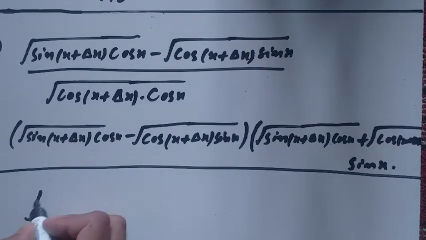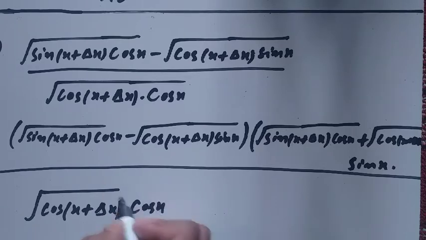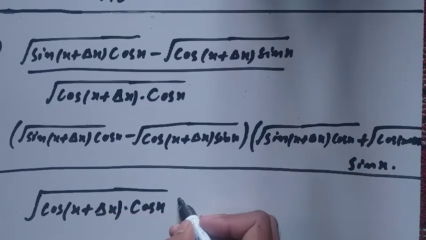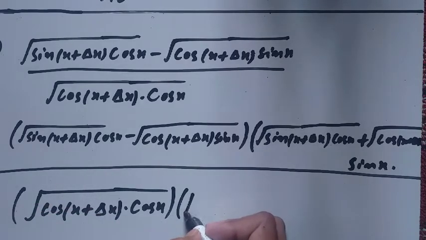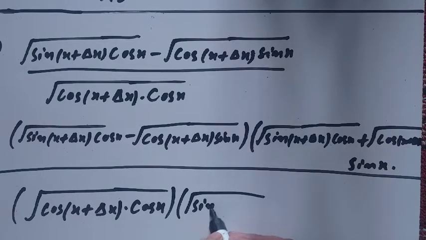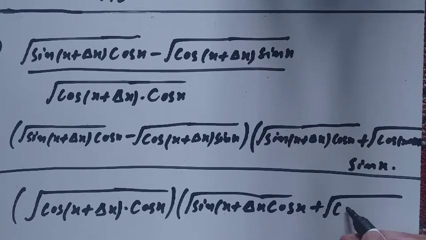That comes out to be under root of cos of x plus delta x cos of x, and also when I multiply by this term, this becomes under root of sine of x plus delta x cos x plus under root of cos of x plus delta x and sin x.